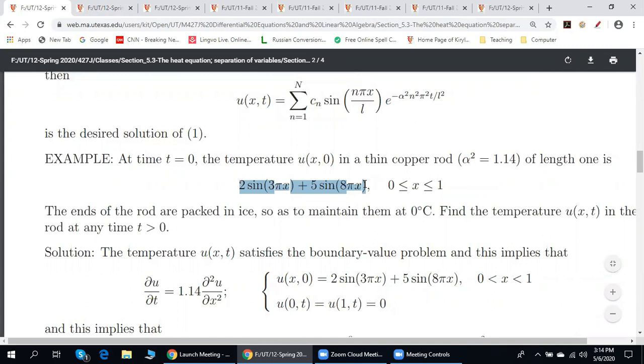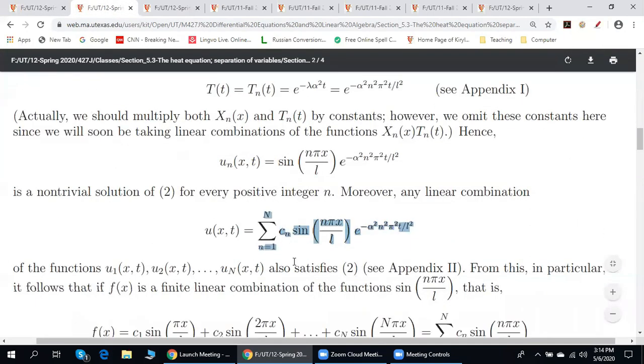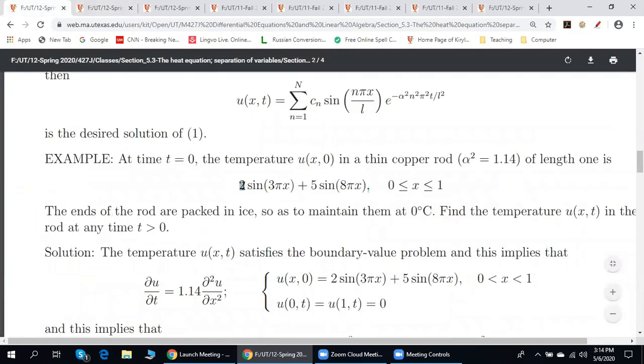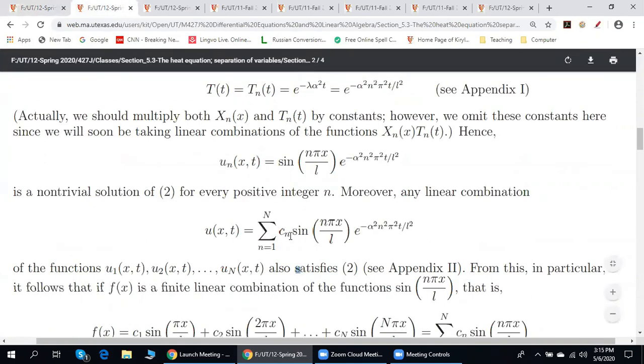F of x is of a very special form. Therefore, if you set in this formula C1 is 0, C2 is 0, C3 is 2, and then C4, C5, C6, C7 are 0, but C8 is 5, and if all other C's are equal to 0, then this is equal to this.